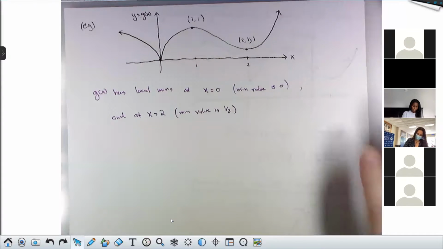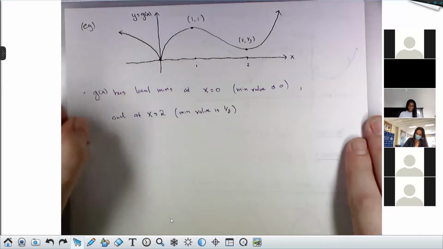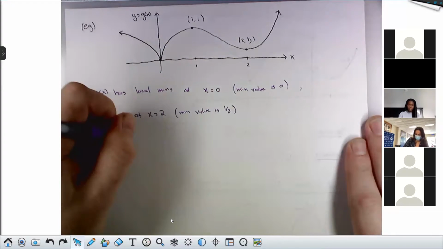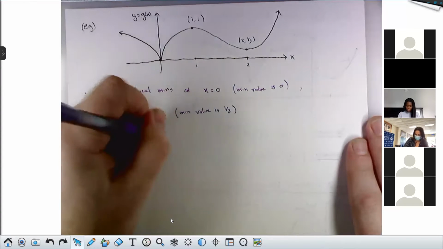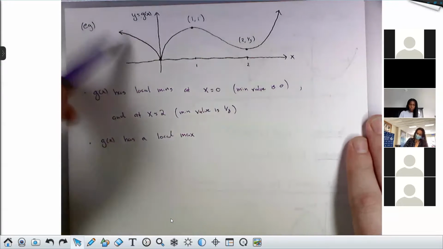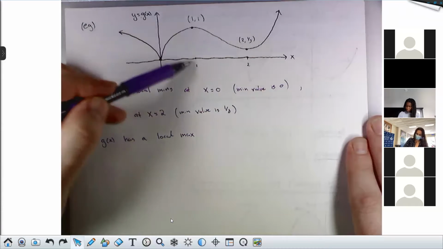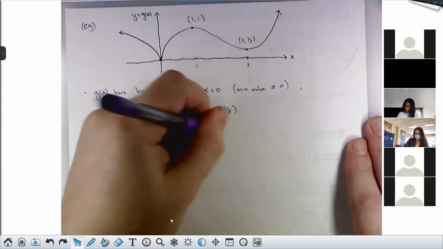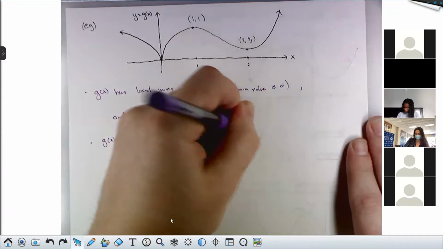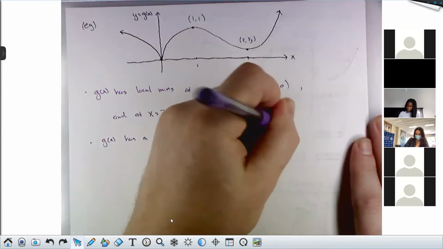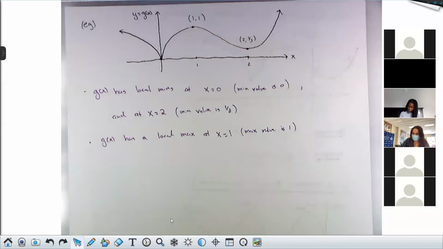Okay. And probably everybody sees that there's only one local max here, right? And it's this point. And the max value there is also 1.